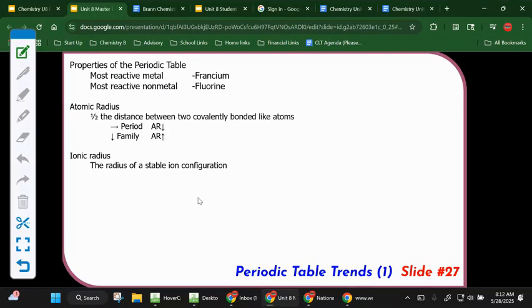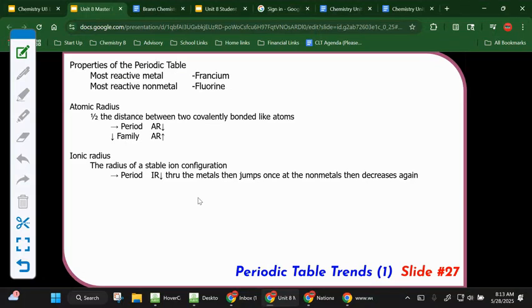Okay, now this trend is a little bit more tricky, so here we go. As you go across a period, the ionic radius gets smaller, just like atomic. It gets smaller, and again, the same reason. The electrons are more attracted to a more positive nucleus as you go across the periodic table.